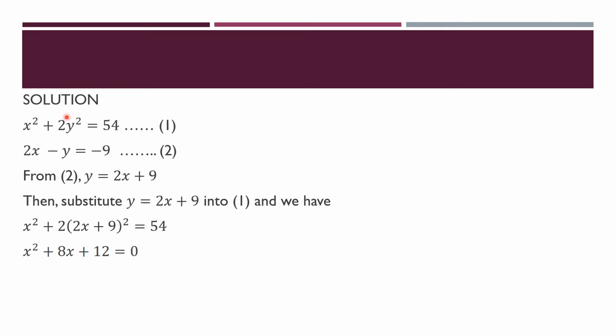We changed y to 2x plus 9 because from equation 2 y is 2x plus 9, and we want a situation where we have one variable. I opened the bracket, simplified, and have x squared plus 8x plus 12 equals 0, a quadratic equation of one variable.